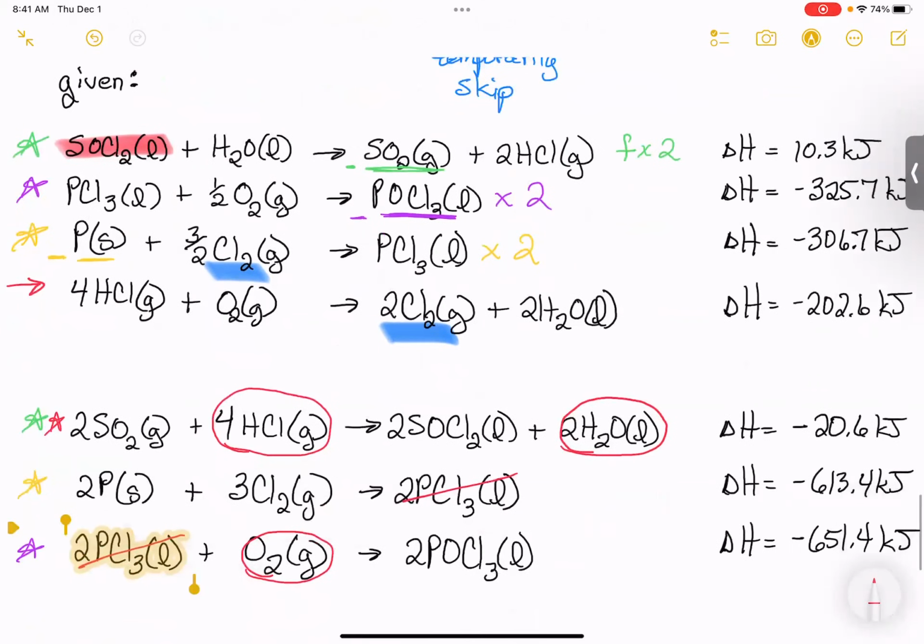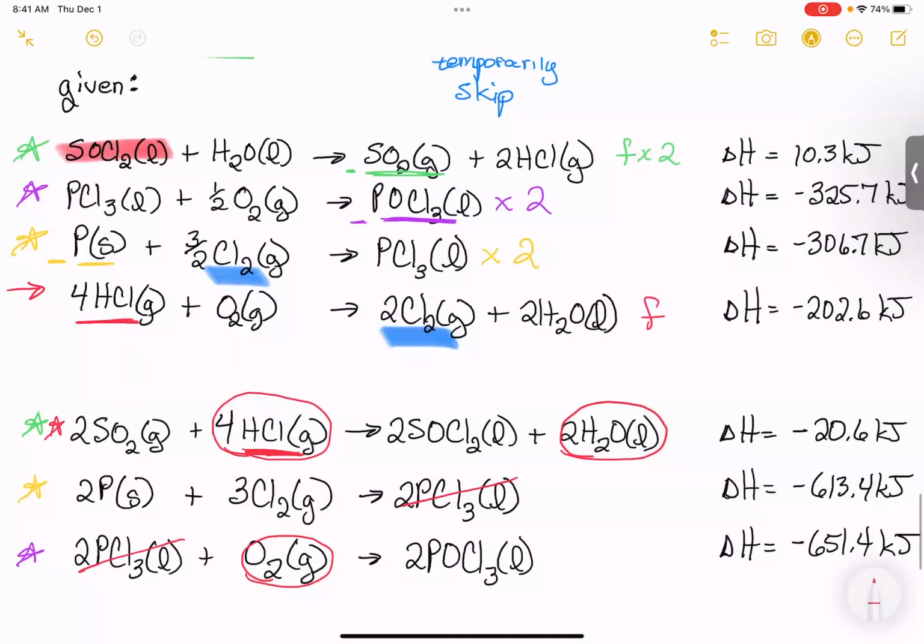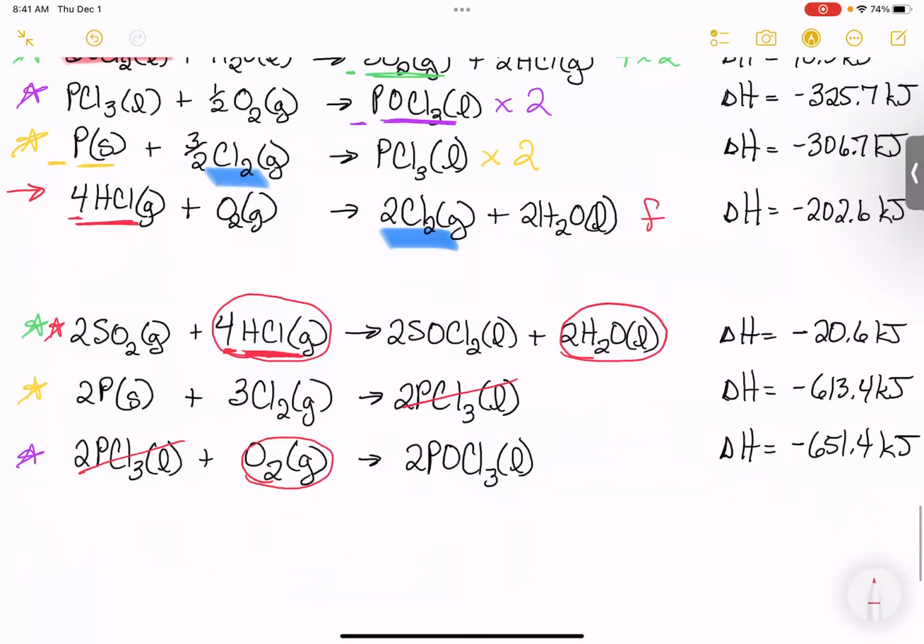Now, I have 4 HCl on the reactant side, but in the equation I was given, I have 4 HCl on the product side. So I'm going to have to flip this if I want to get rid of HCl. And because I did have 4 and there is 4, I'm just simply going to be flipping this.